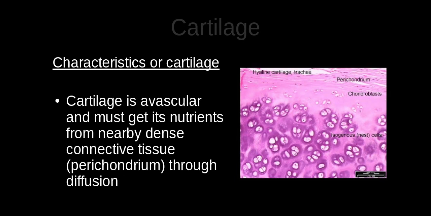Like I said earlier, cartilage is avascular, and it must get its nutrients through diffusion from nearby dense connective tissue known as the perichondrium. So what the heck that is, if we're looking at the hyaline cartilage that makes up the trachea, hyaline is one of the types of cartilage we're going to talk about. If you look up here, this is the perichondrium.